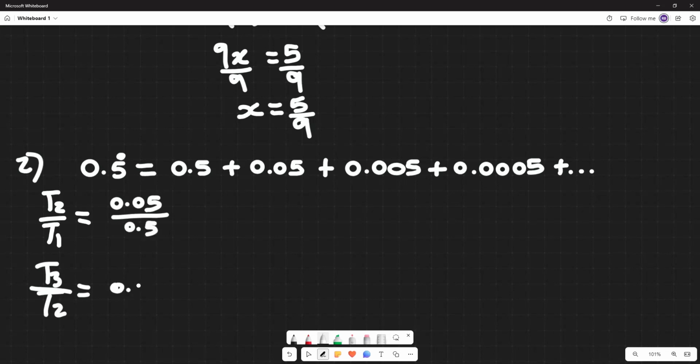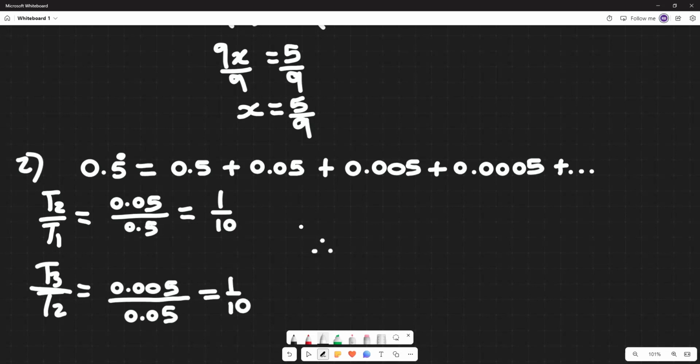Here I have 0.005 all over 0.05. Let's press that on a calculator and see what we get. So I have 0.05 over 0.5. That gives me 1 over 10. Let's check here, 0.005 over 0.05. That also gives us 1 over 10.